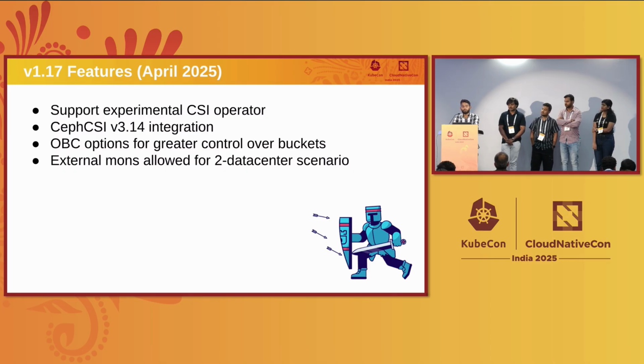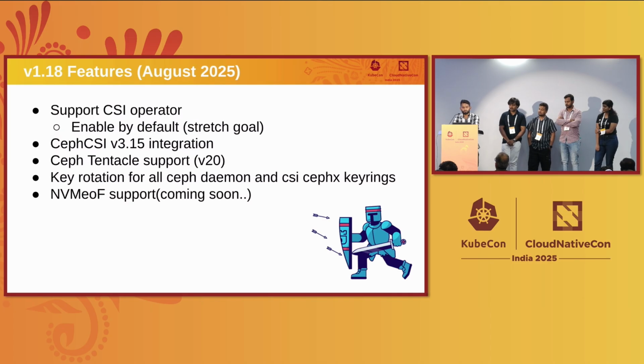We added support for Ceph CSI version 3.14, and we added advanced configuration settings for OBCs, which Deepika and Nitin will be talking about in detail. And we also added support for having external mons for two data center scenarios.